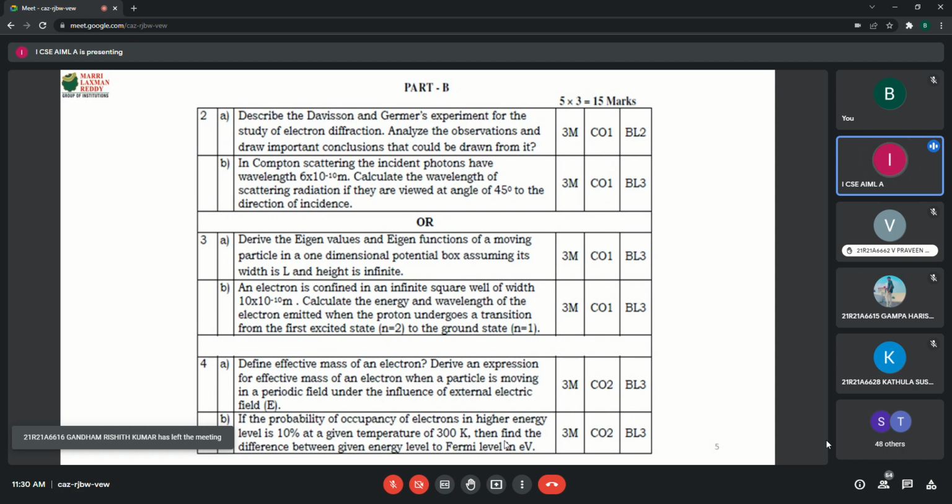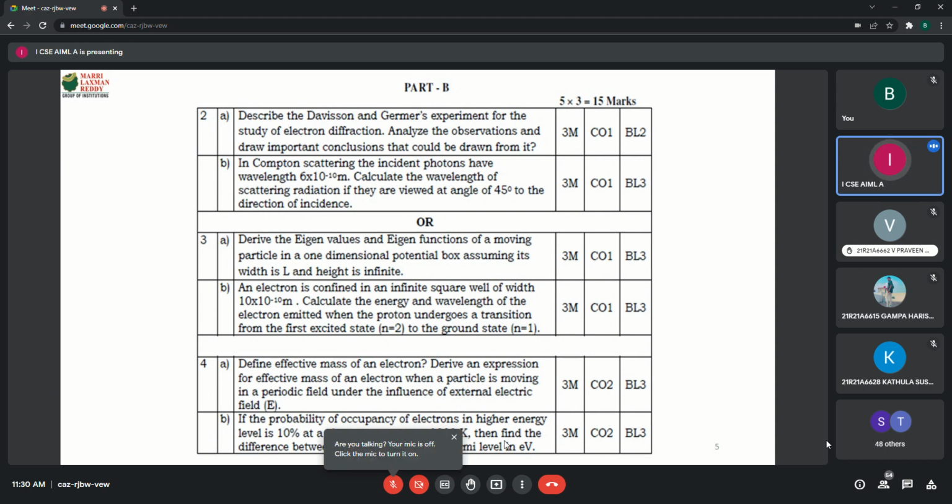Temperature is always in Kelvin only. If given in degrees centigrade, you have to convert into Kelvin. How to convert? For example, 20 degrees centigrade is given: 273 plus 20 is 293, like that.